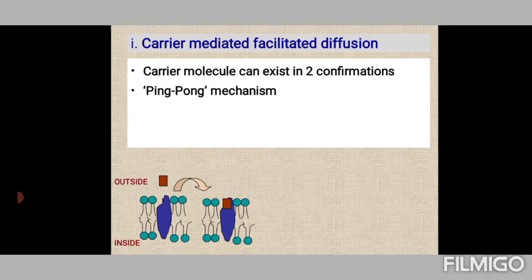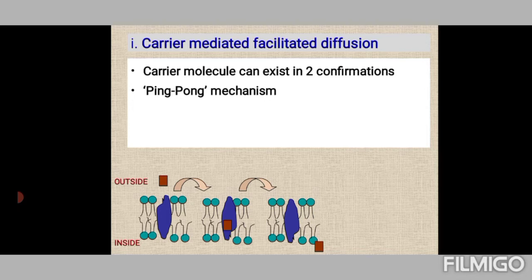Attachment of this glucose molecule to the carrier induces a conformational change in the carrier, and as a result the affinity of the carrier towards the glucose molecule is lost, and the glucose molecule gets released inside the cytoplasm.